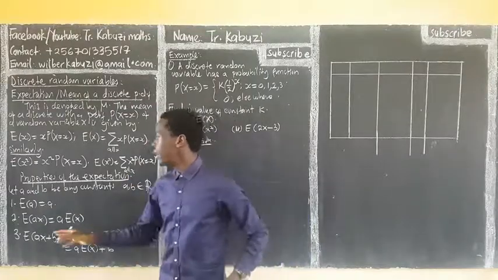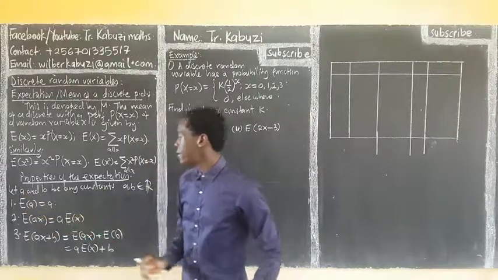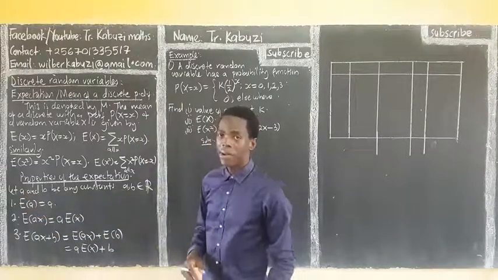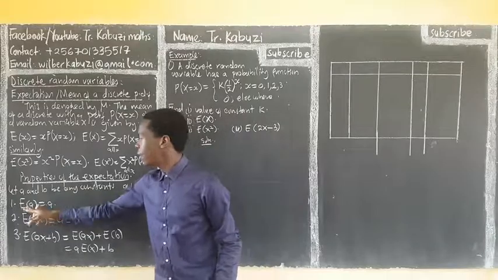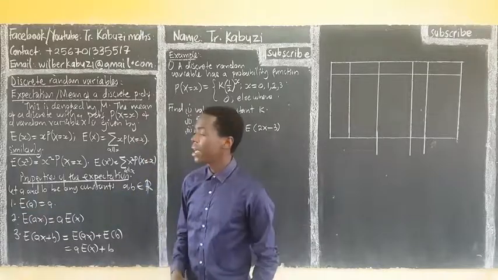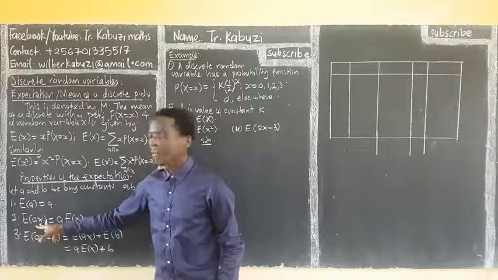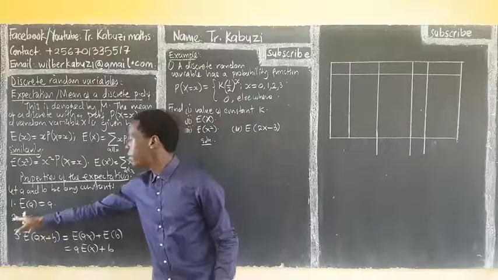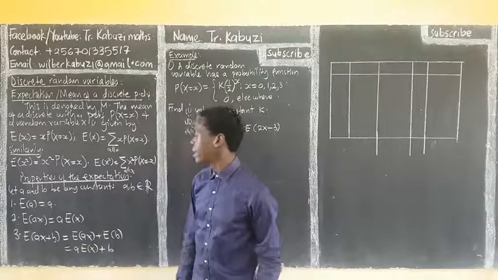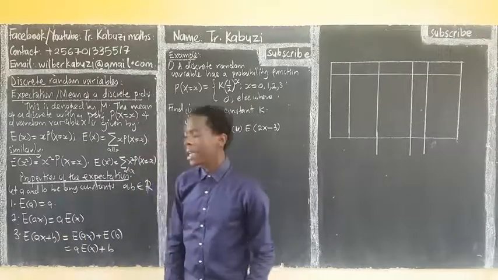Here we have a and b as constants. These are real numbers, of course. E of a, the expectation of a constant, is that constant. Then the expectation of a constant times a variable x means we pull out the constant, so this a is removed as a constant.